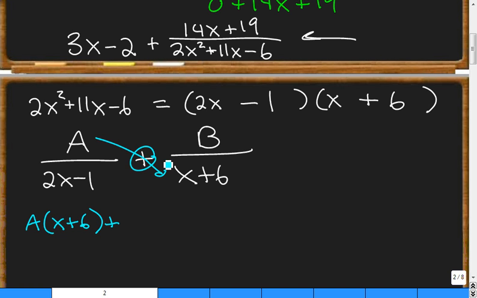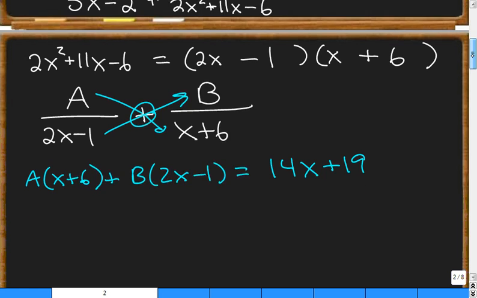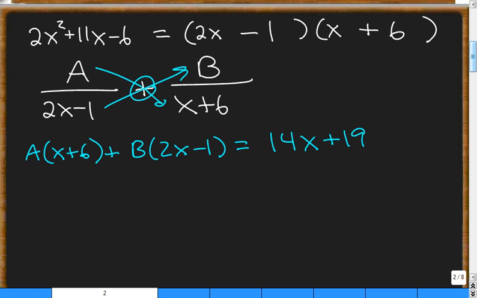plus B times 2x minus 1. It's going to equal 14x plus 19. So now we do our test points to try to find what A and B are going to equal. So if we were to pick, let's say, negative 6 to start, the reason why is that would make this 0.